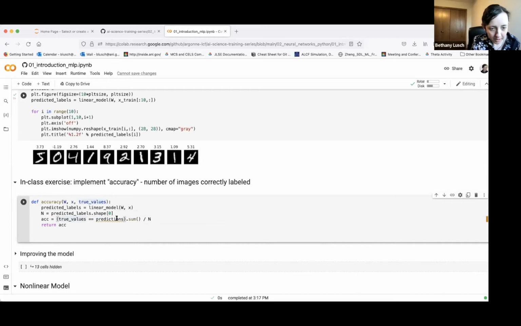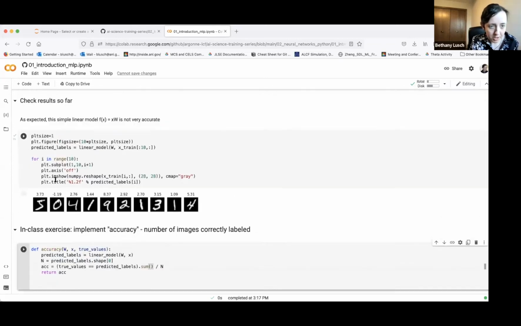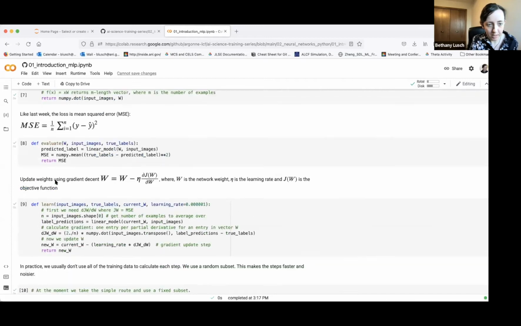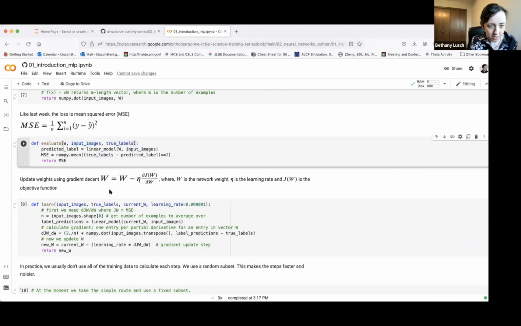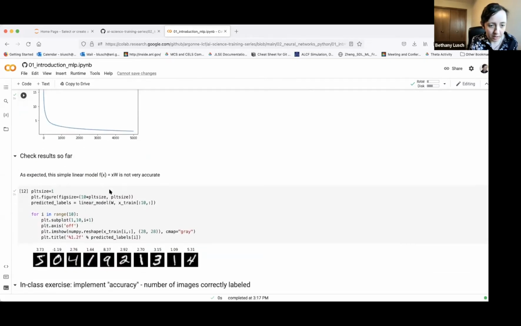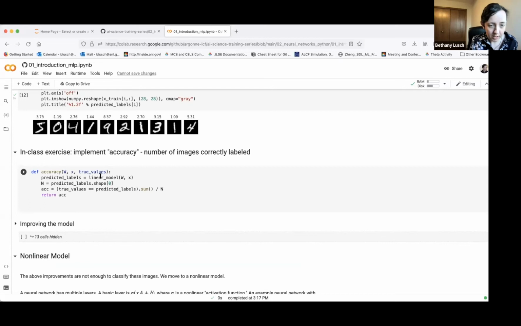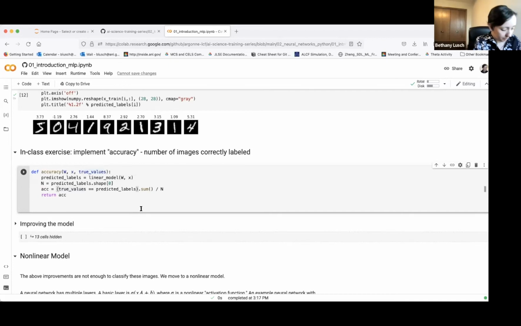So this would be one way to define accuracy. I'm trying to match the format of how we did the loss up here. So I'm passing in the current parameters, the input data, and the true labels. So here I passed in the parameters, the input data. I'm predicting these labels. Now we should do some rounding.